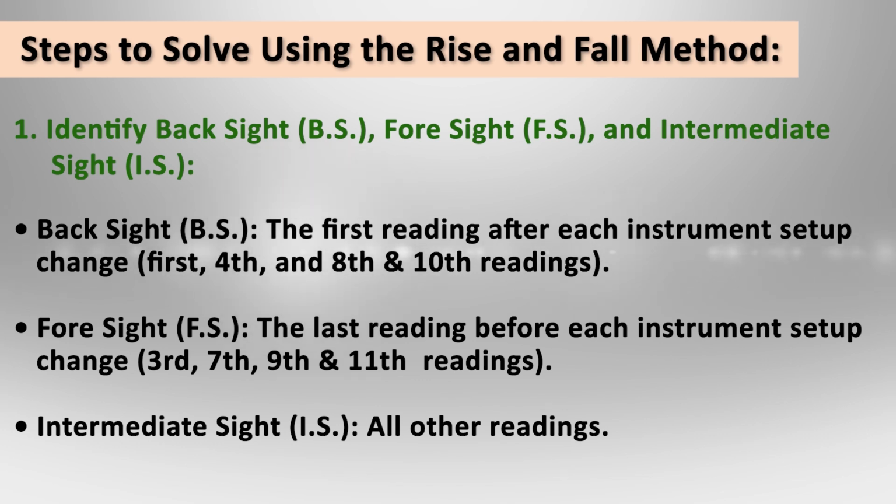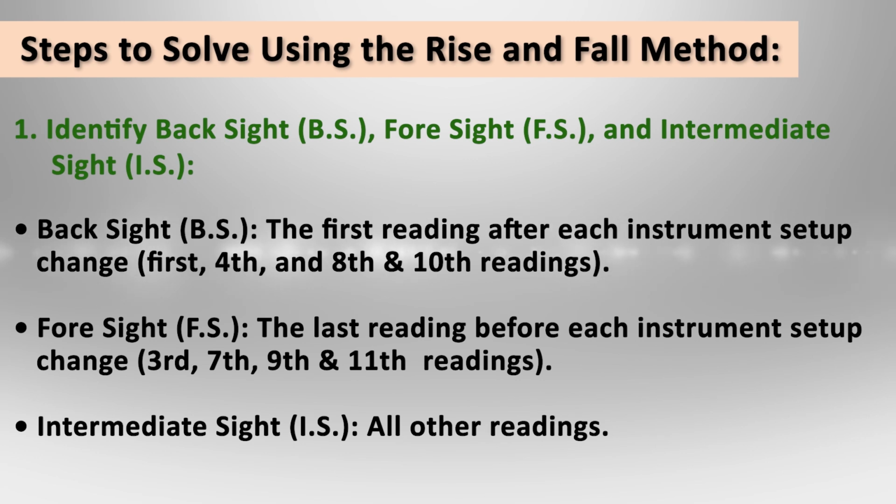So, in our question this will be the 1st, 4th, 8th and 10th readings. The foresight is the last reading before each instrument setup change. So, these will be the 3rd, 7th, 9th and 11th readings, and all other readings would go under intermediate sight. So, we will fill this field level book according to the information.